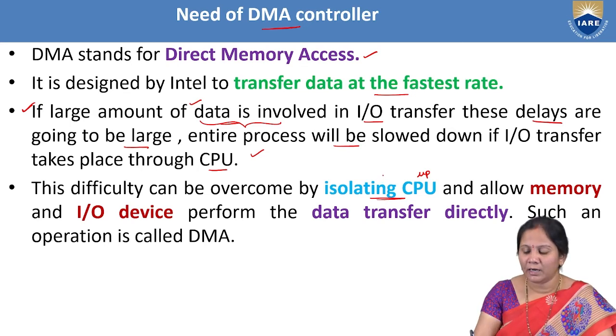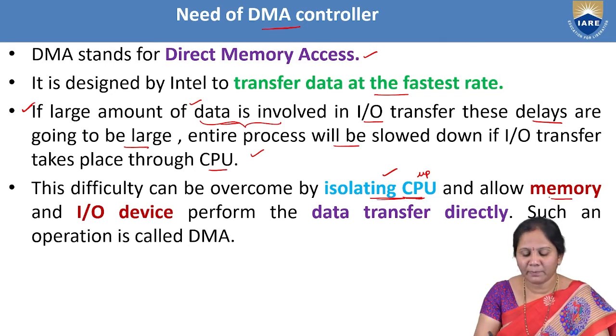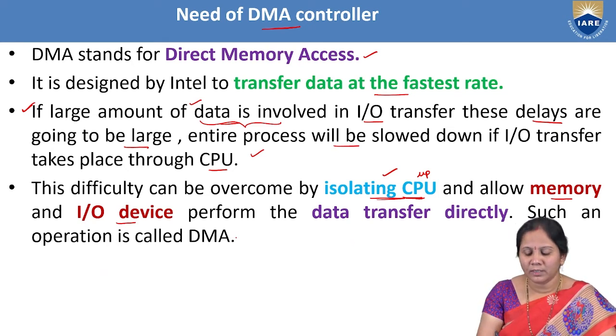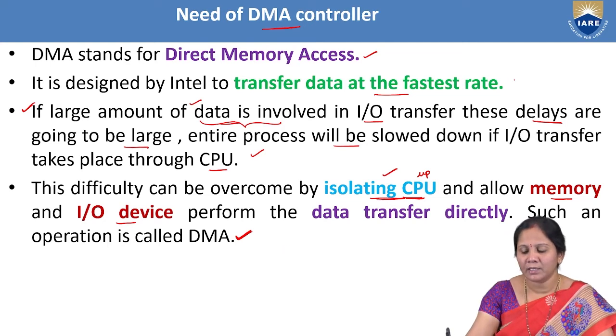If the DMA controller hardware unit is used, the CPU will get isolated, that is separated, and the data transfer happens between main memory and IO devices directly. So this is the main advantage, and this is how the data transfer will be performed between the IO devices and main memory. Hence, the transfer of data at the fastest rate can be achieved.